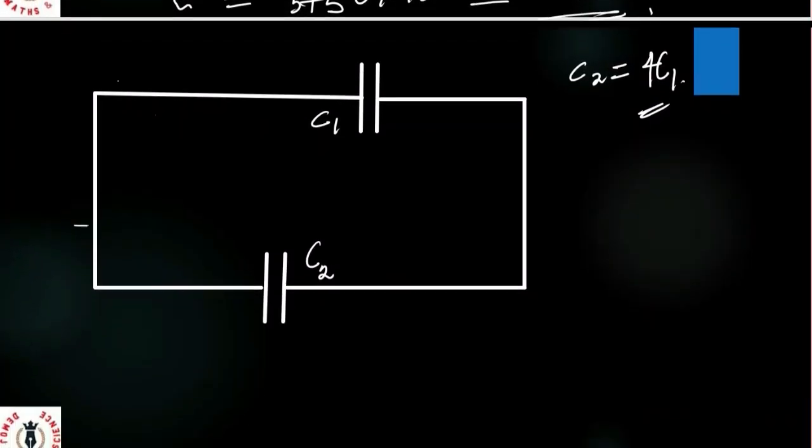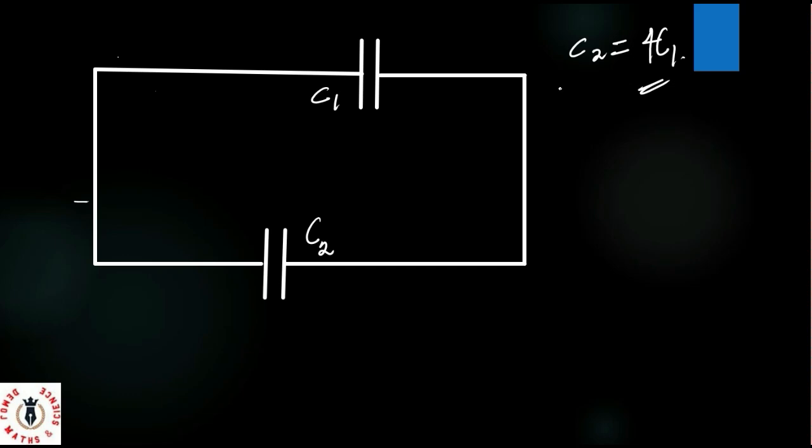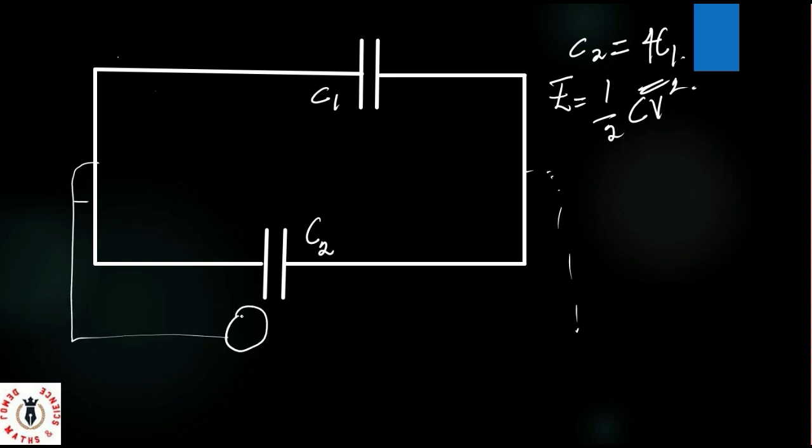To find the energy deposited across each of these, remember we said that our energy E is the same thing as 1 over 2 CV squared. Now there's a voltage across them, and because the combination is in parallel, if I put a voltmeter here to measure this voltage, the voltage across each of them will be the same. So the first thing is to find out the voltage, and remember they have a combined capacitor.